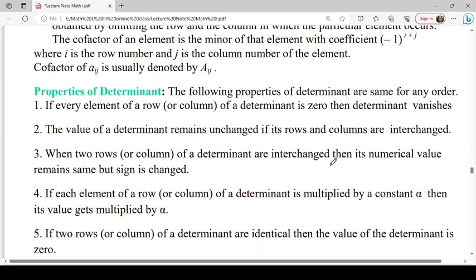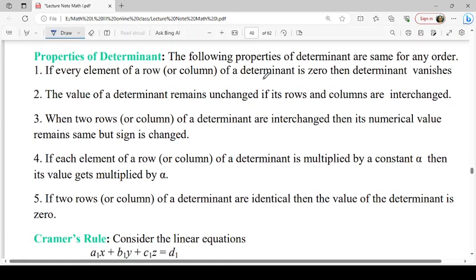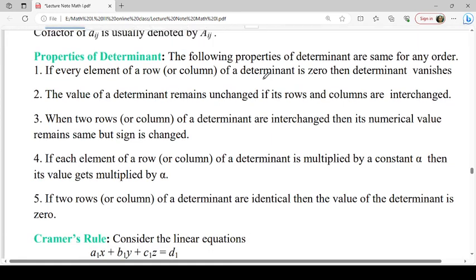Then the properties of determinant. If every element of a row or every element of a column is 0, then the determinant vanishes, the determinant is 0, because if aij is 0 for some i or for some j, then that value will be 0.